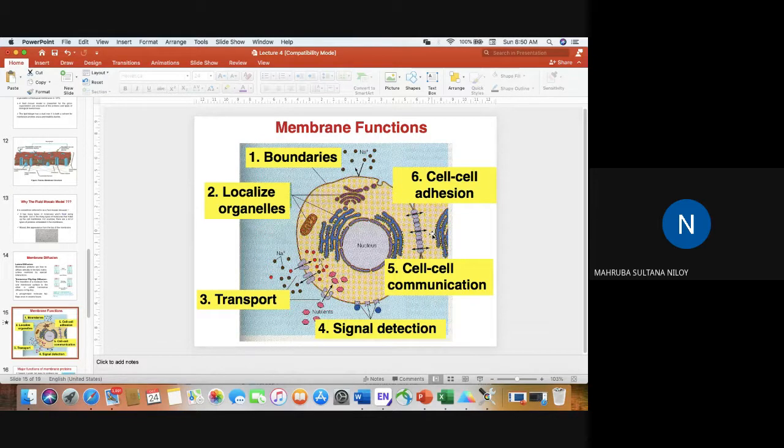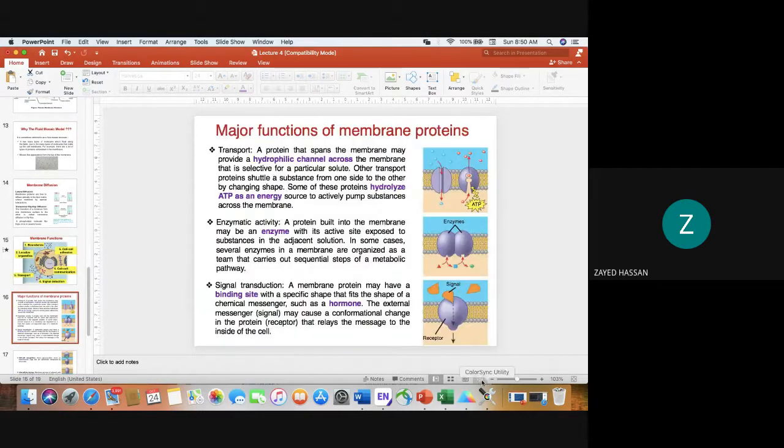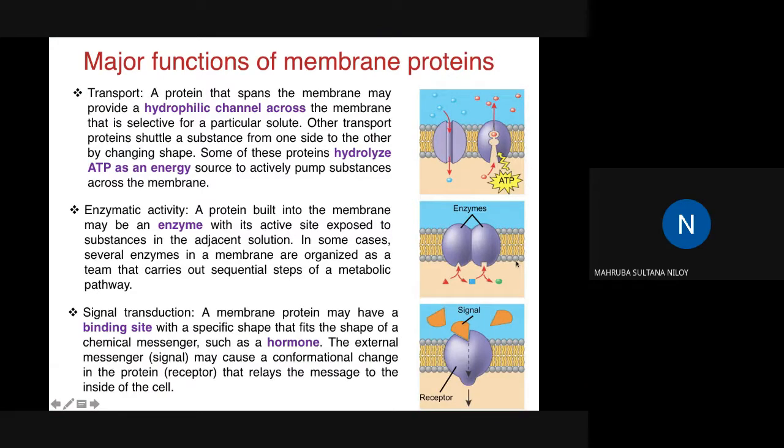Is it clear? Yes, sir. Okay, now we'll discuss the major functions of membrane proteins. So how does the transportation occur?